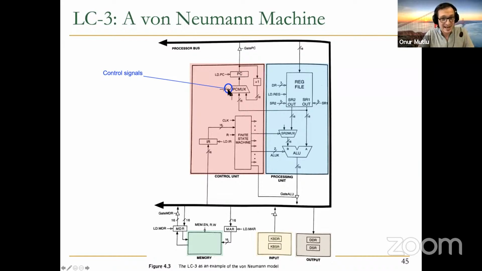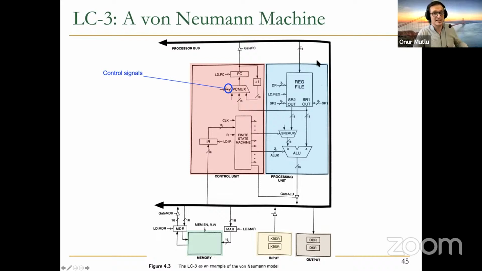These signals that have empty arrows are called control signals. This LDIR load signal is a control signal. Everything that has a white arrow like this, memory enable or read or write, are control signals. We're going to need the control signals to control different combinational and sequential components of a machine.